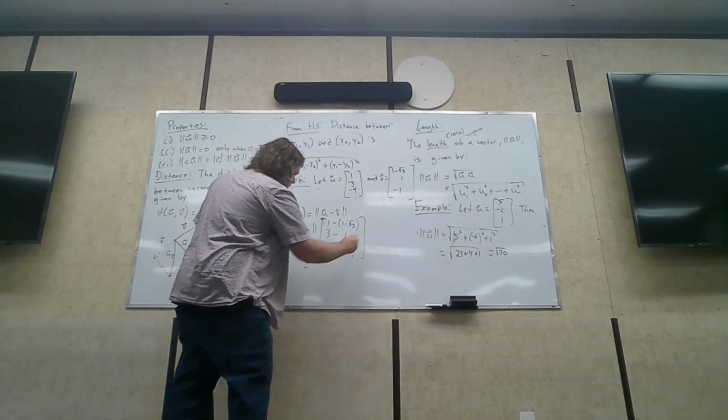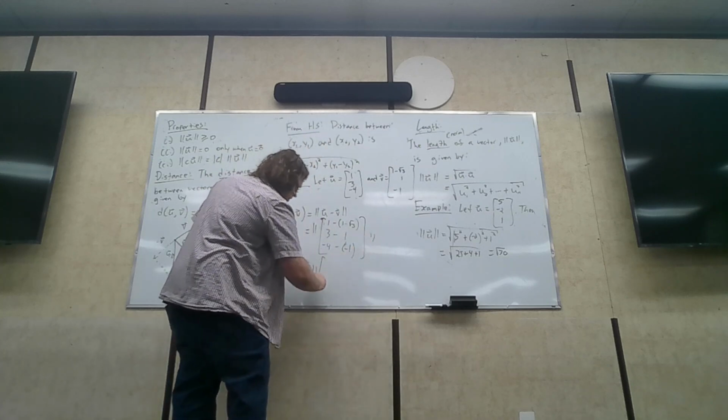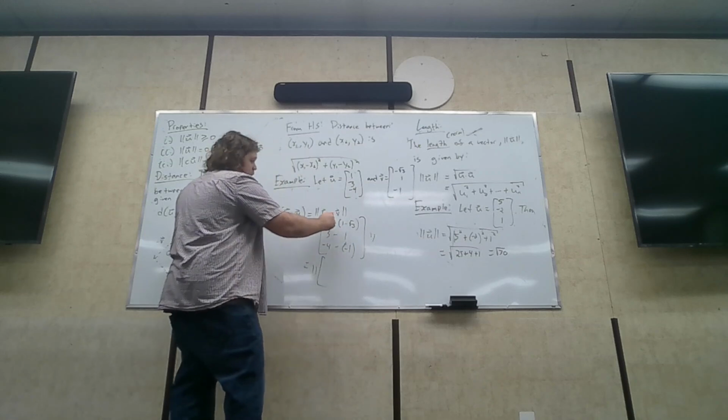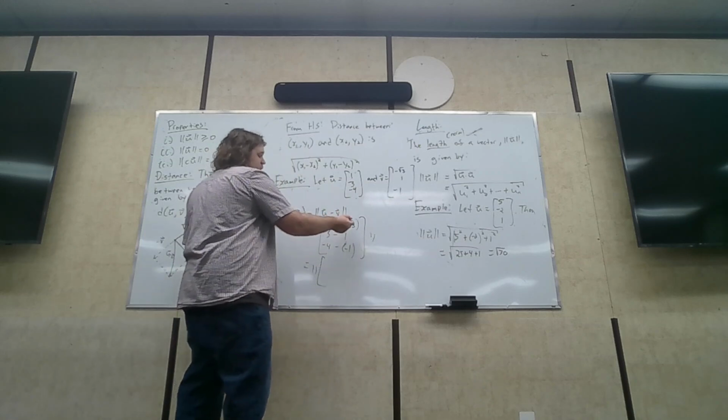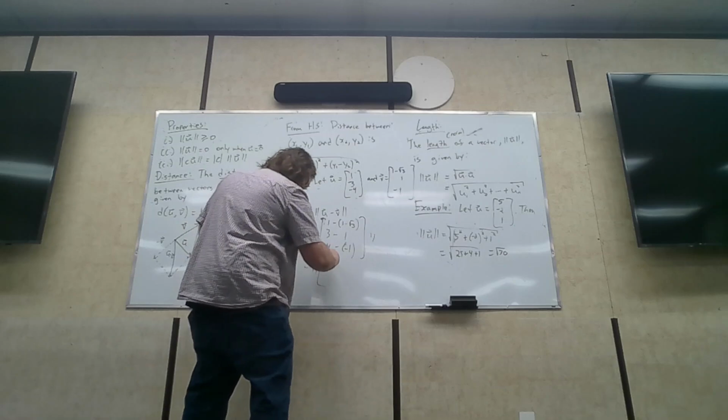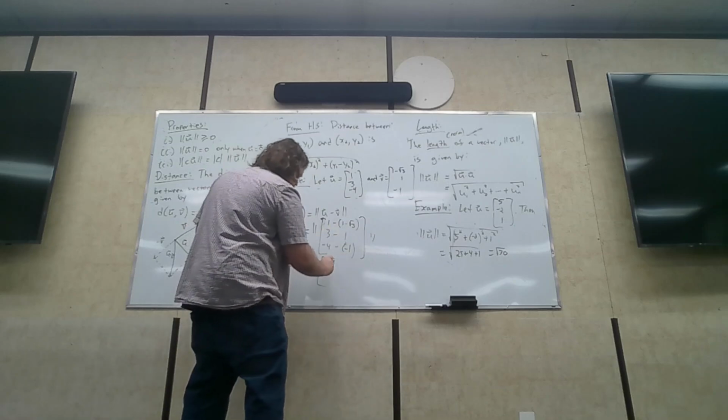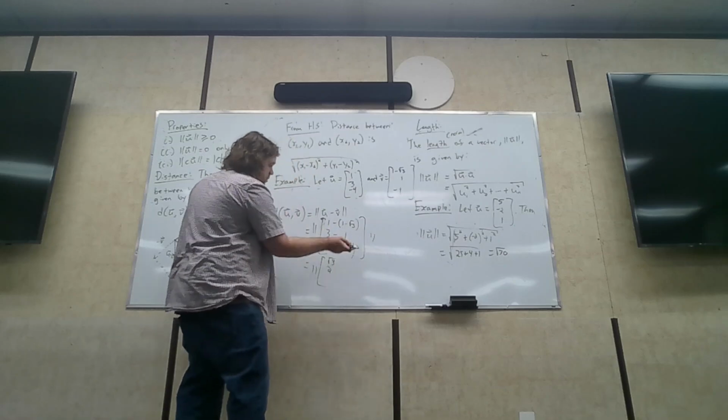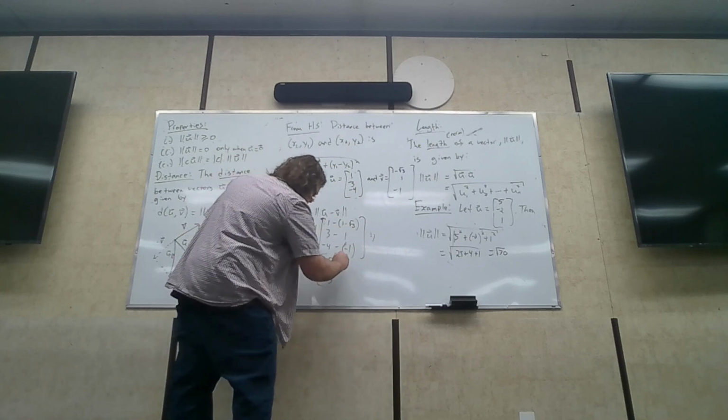So that gives us that we need the length of 1 minus 1. Those go away. The minus square root of 3 goes in there and becomes plus square root of 3. 3 minus 1 is 2. Minus 4 plus 1 is minus 3.